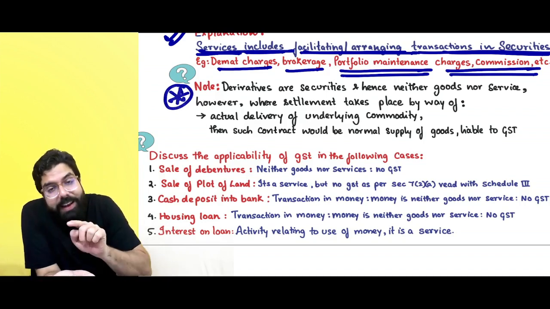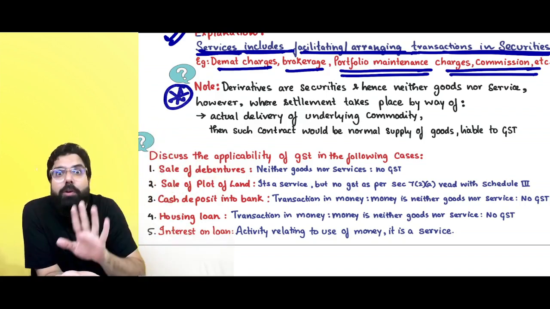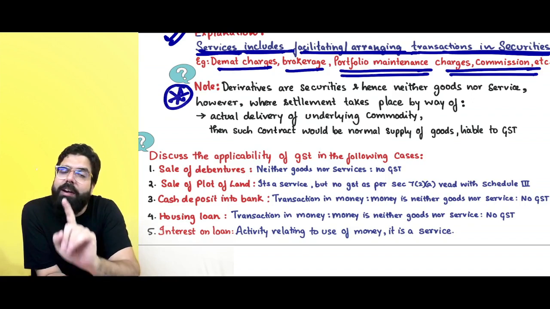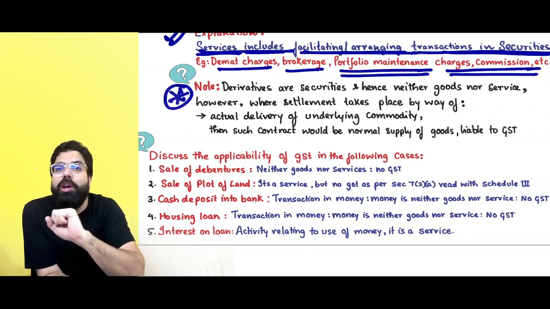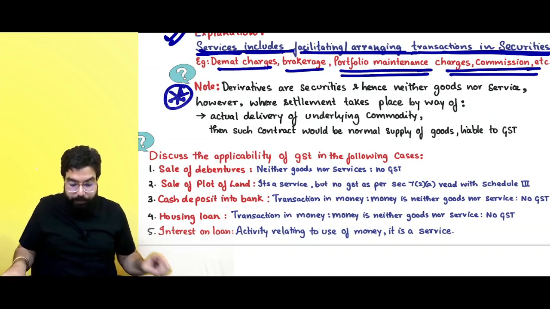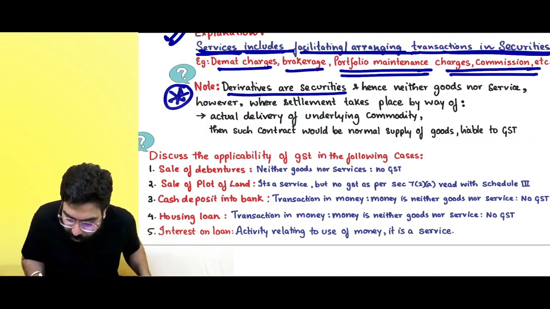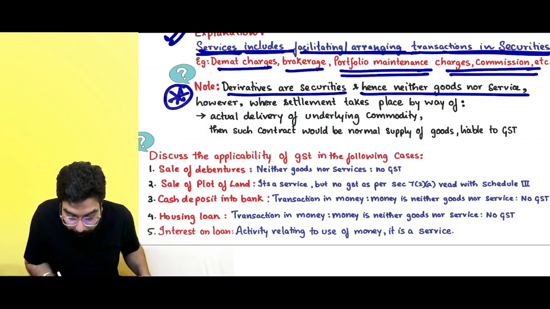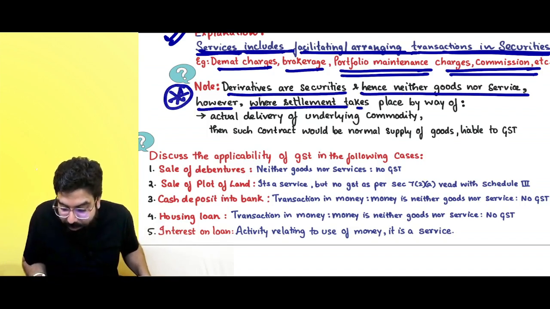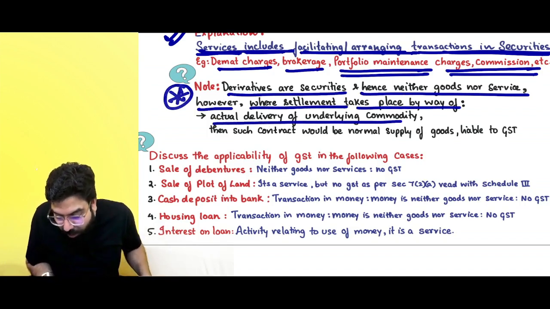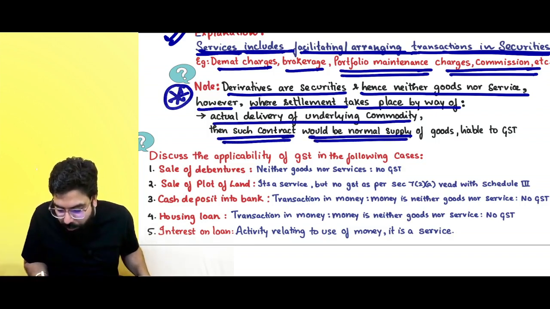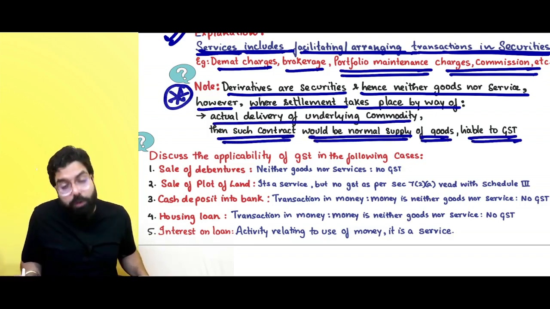If the underlying asset is actually delivered, such derivatives are in the nature of supply of goods and GST will come. Otherwise derivatives are securities, neither goods nor service, and GST can't come. Where settlement takes place by actual delivery of the underlying commodity, such a contract is a normal supply of goods and liable to GST.